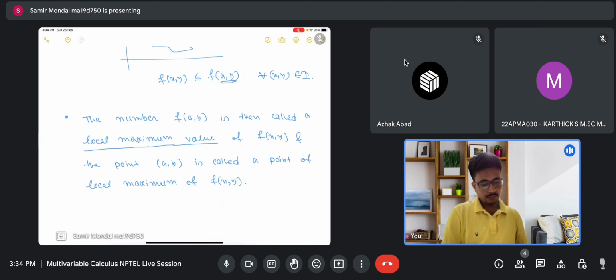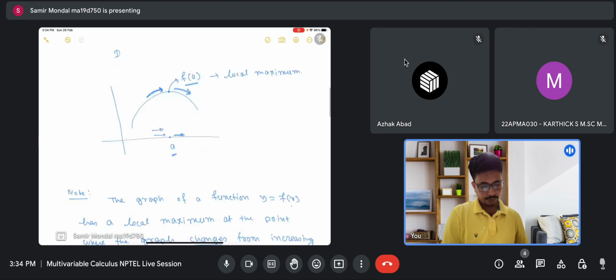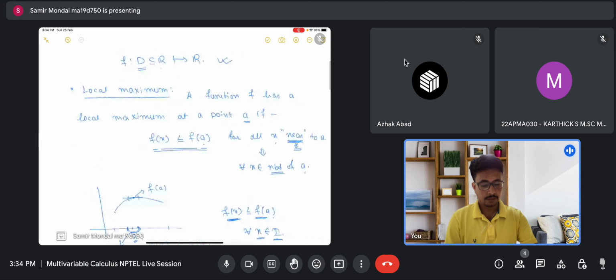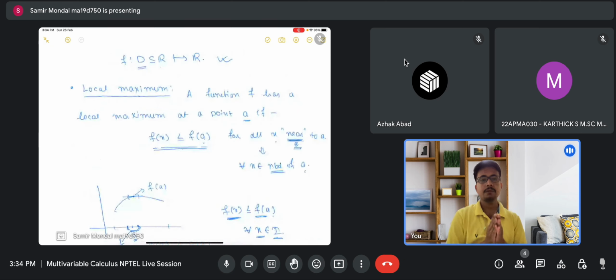So till now we are discussing local maximum and local minimum. Initially we discussed local maximum for a single variable function. Here we can observe that local maxima and local minima are not a global property, only a local property, meaning it depends only on the neighborhood of that point.